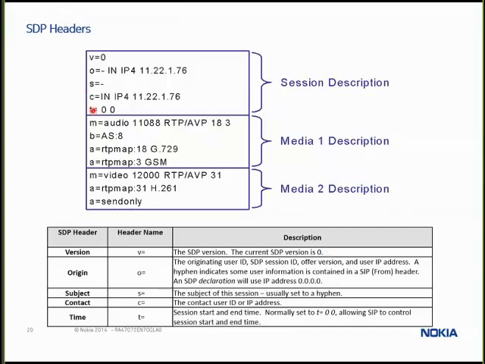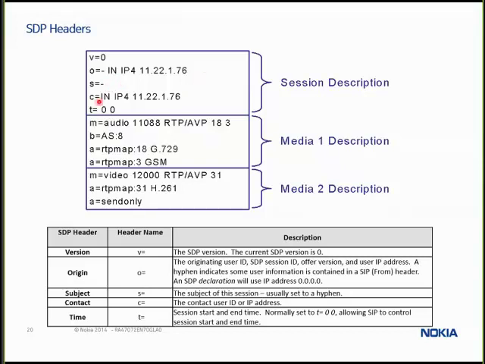We also have the origin. Here is the IP address of the originator. The S is the subject. If we needed to put a subject header for our texts, like you were asking about earlier, here's where I would put my text.